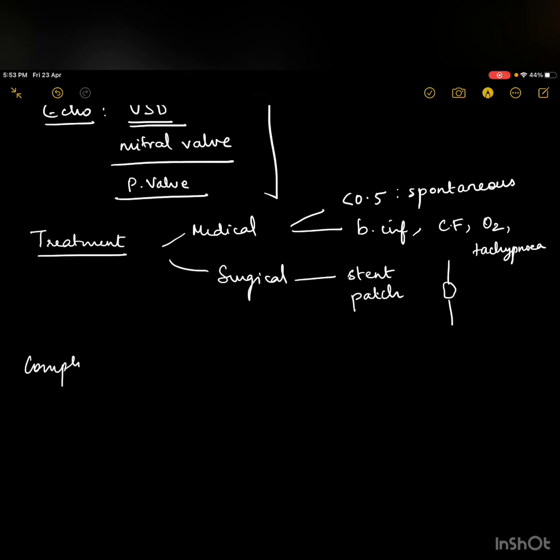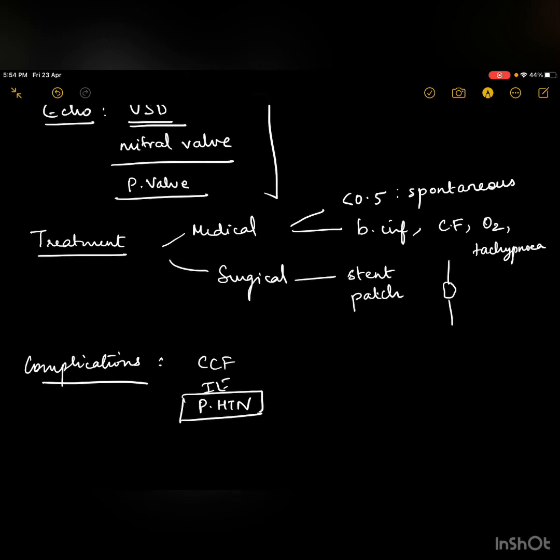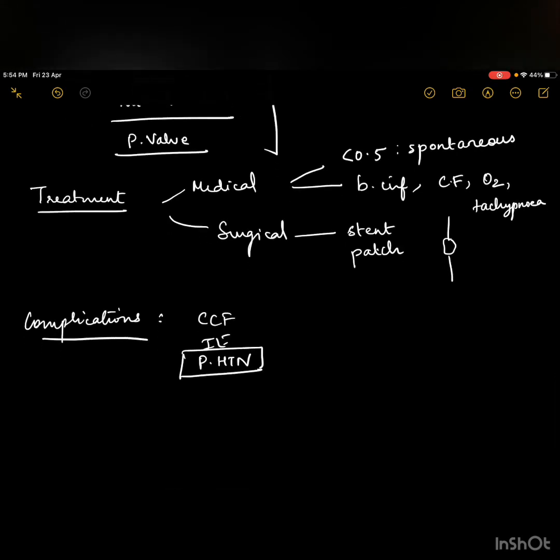Complications of this disease, like I discussed before, include CCF, infective endocarditis, and pulmonary hypertension, bound to happen, a very common complication because there's increased pressure in the pulmonary vessel. And there can be something called Eisenmenger syndrome, which is basically reversal of the shunt because of the pressure equalizing between the left and right.